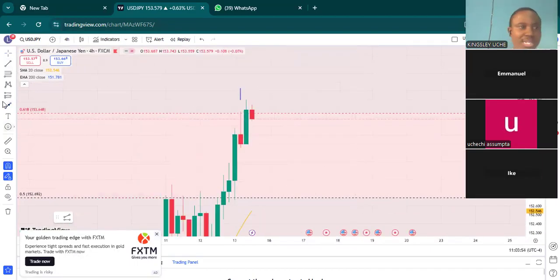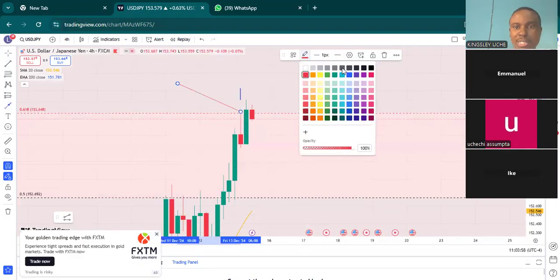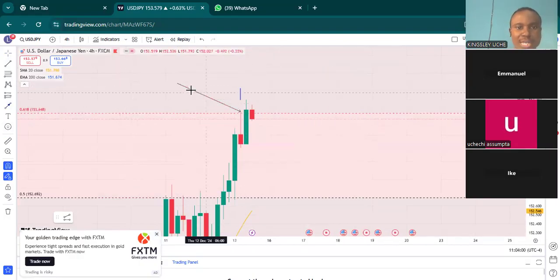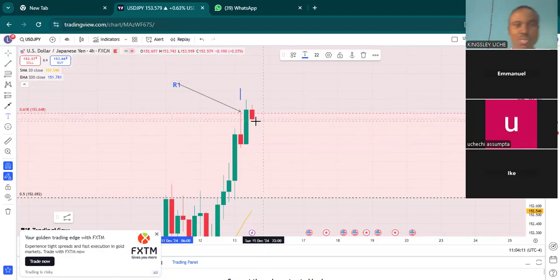Now, this 4 hours candle here, I draw this all the time. I tell us that the 4 hours candle here is going to be an R1 because we saw the 1 hour candle finish in a bullish green candle. That is why I told us to buy at this level.